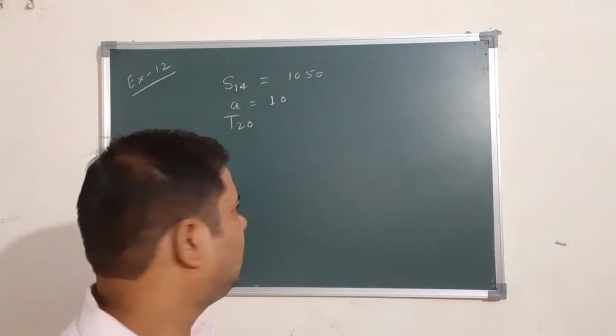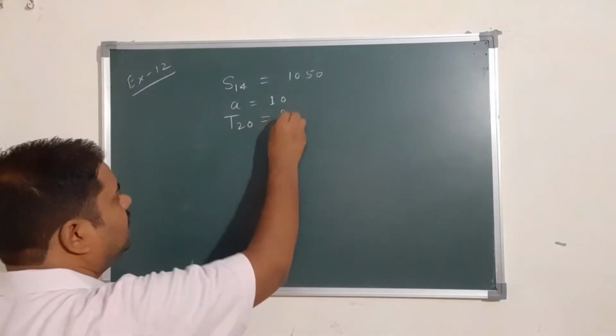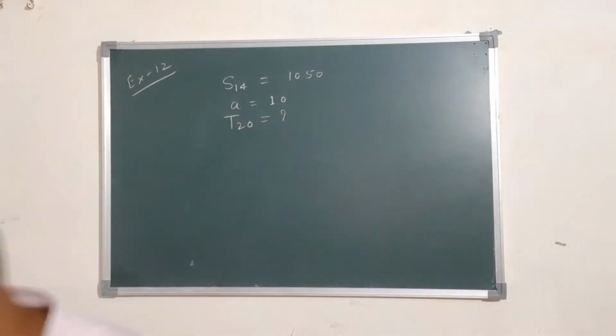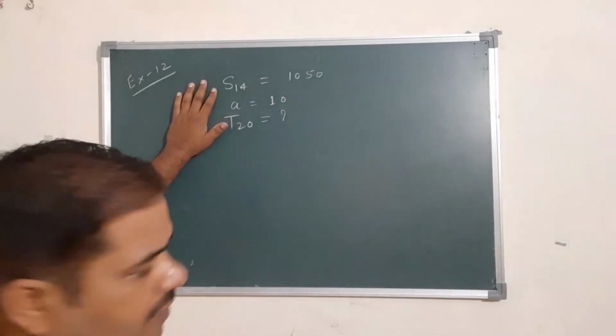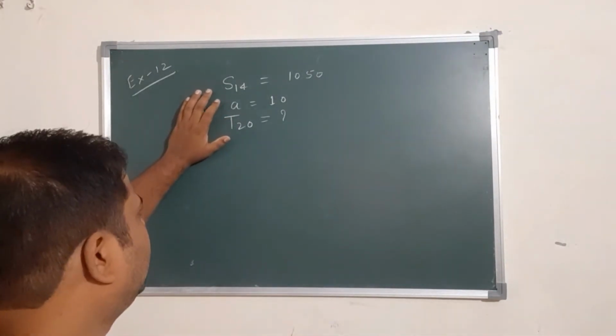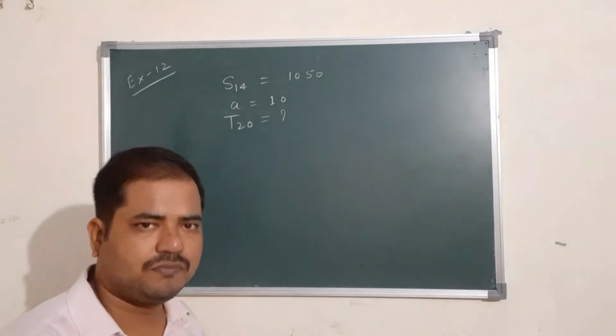So this is example number 12, in which we are given S14, that means the sum of 14 terms. A is given already, and T20 we have to find.